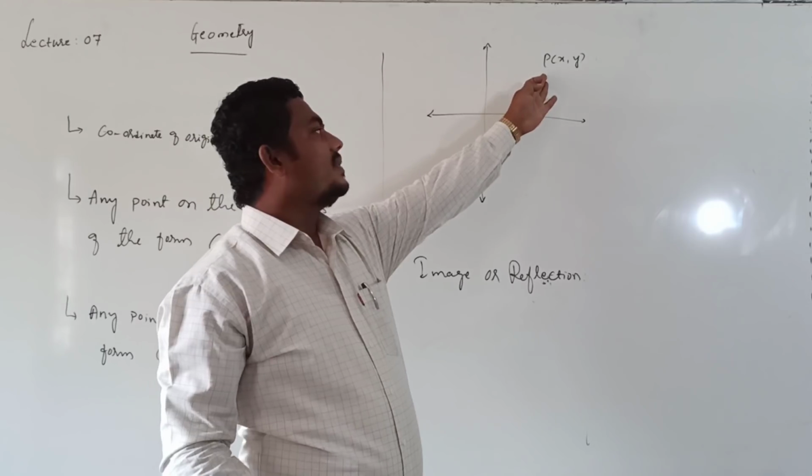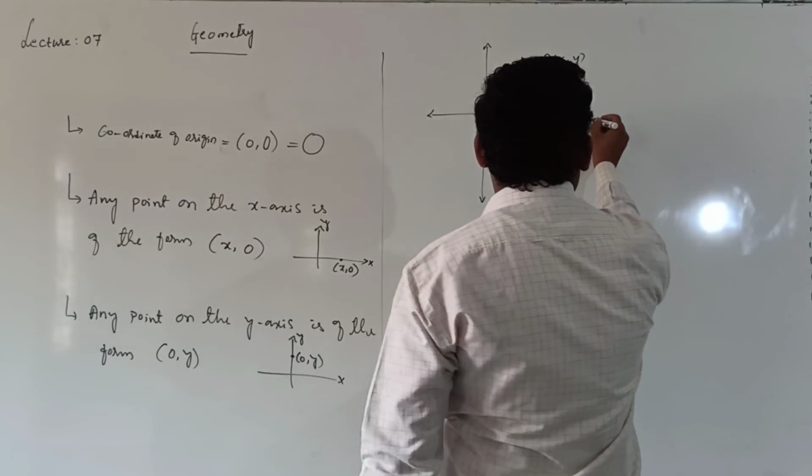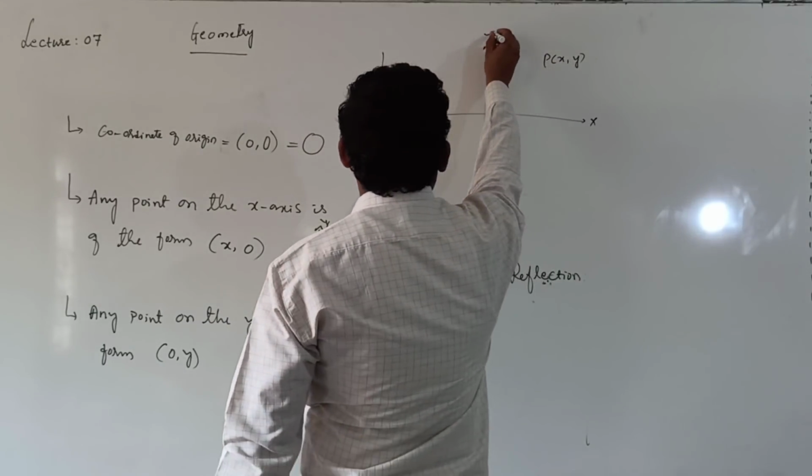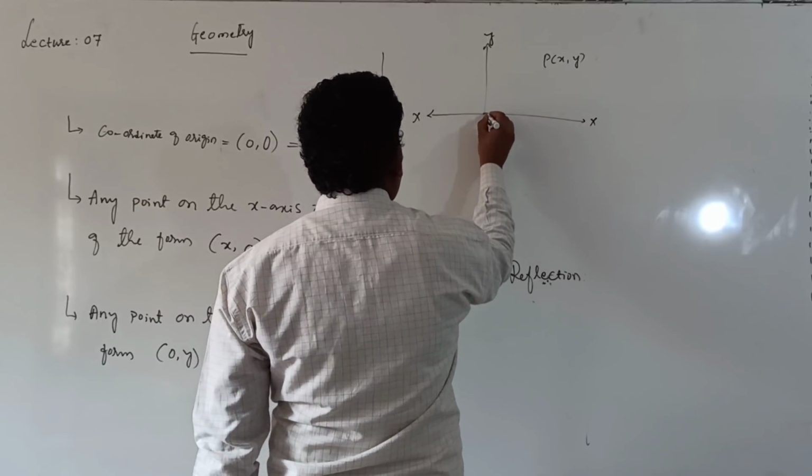Write the image of this point with respect to x-axis. It is x-axis, y-axis, x prime and y prime. It is origin.